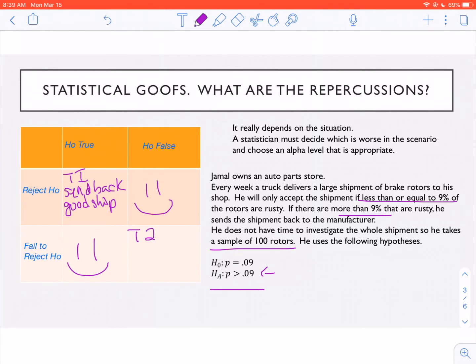So what would happen if a type 2 error occurred? If H naught was actually false but I fail to reject it, that means my shipment has more than 9% rusty rotors, but I still accept the shipment. So I accept a bad shipment.